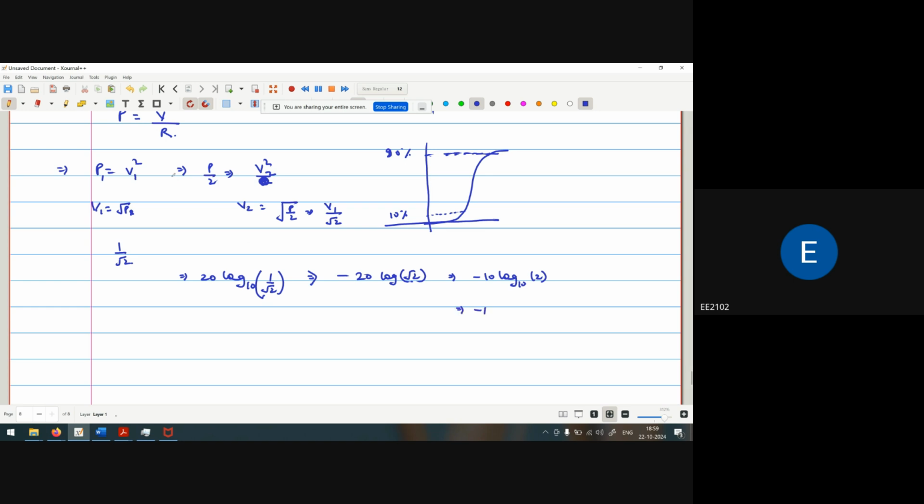That is equal to minus 10 times 0.3010, that is minus 3.01 dB, or we can say 3 dB. That is called by three names: half power point, voltage upon root 2 point, and the 3 dB point.